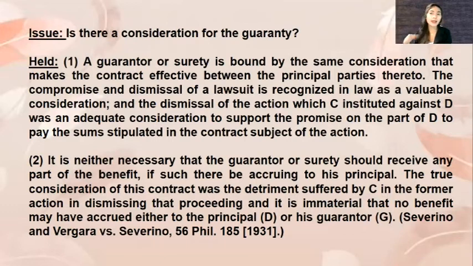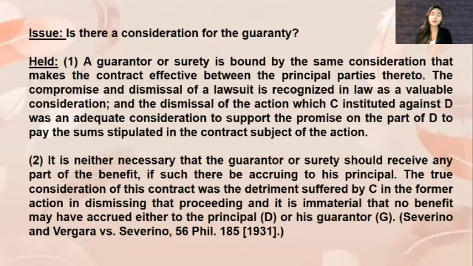The compromise and the dismissal of a lawsuit is recognized in law as a valuable consideration, and the dismissal of the action which C instituted against D was an adequate consideration to support the promise on the part of D to pay the sum stipulated in the contract subject of the action. Another, according to the court, is that it is neither necessary that the guarantor or surety should receive any part of the benefit, if such there be, accruing to his principal.